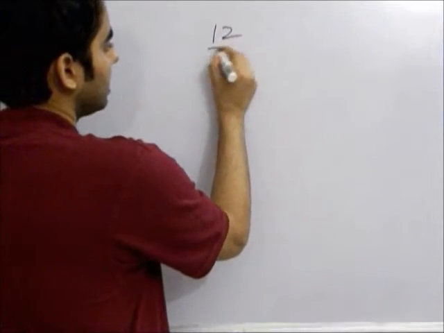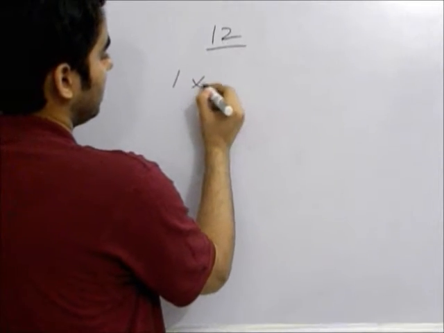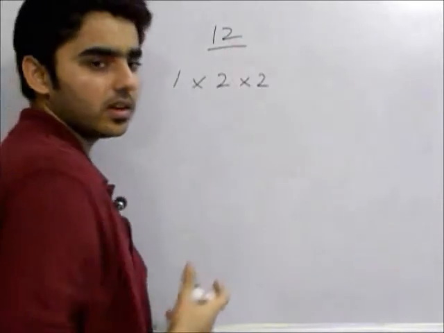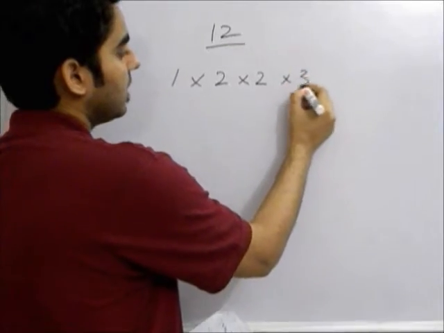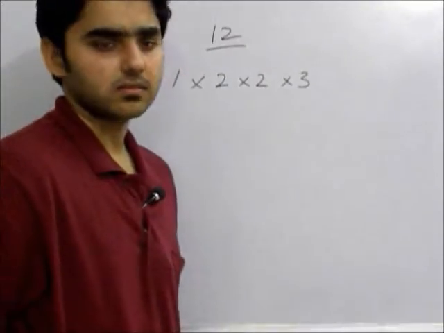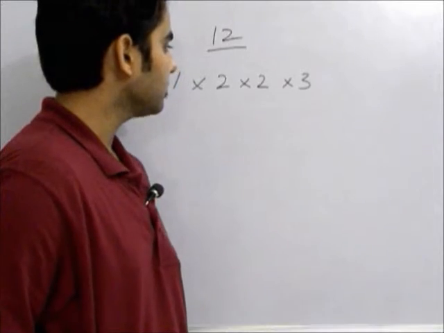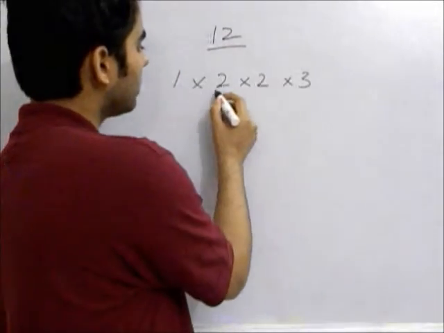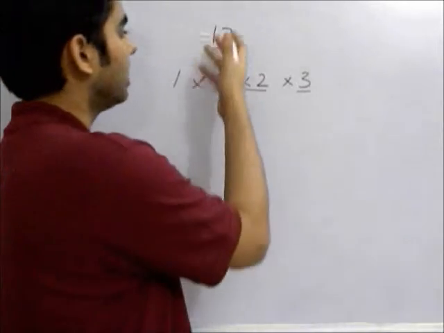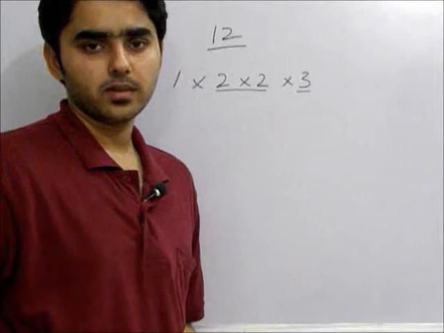Because the prime factorization of 12 is 2 squared, 2 into 2, into 3, right? 4 into 3, 12. So if a number is divisible by 4 and 3, automatically it will be a multiple of 12.